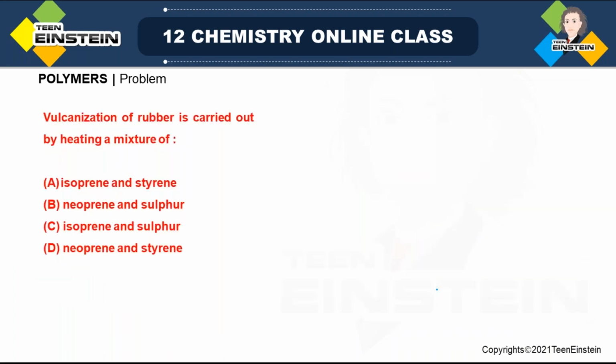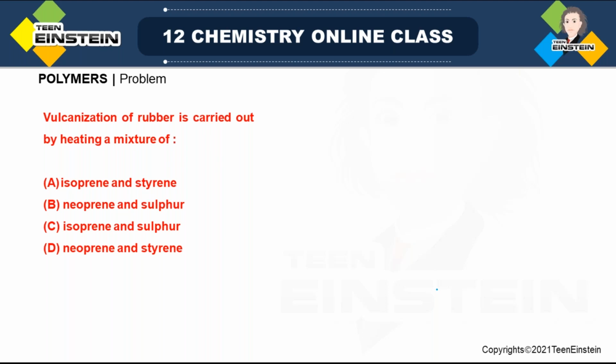Now a question regarding this: vulcanization of rubber is carried out by heating a mixture of... remember, natural rubber starts from isoprene, and actually it is natural rubber, so only to know what the monomer is is enough, because we don't synthesize it. But in vulcanization of rubber, we introduce sulfur-sulfur linkage.